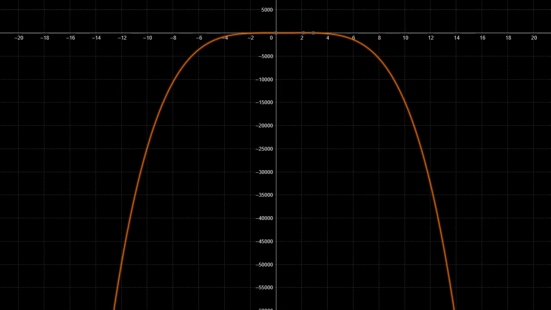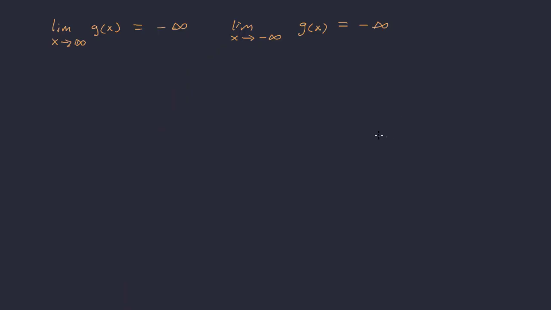So as x goes out, the function is going down, and as x goes toward negative infinity, it also drops down to negative infinity. This particular function, I'm just calling g. As x goes to infinity, g goes to negative infinity, and as x goes to negative infinity, g also goes to negative infinity.